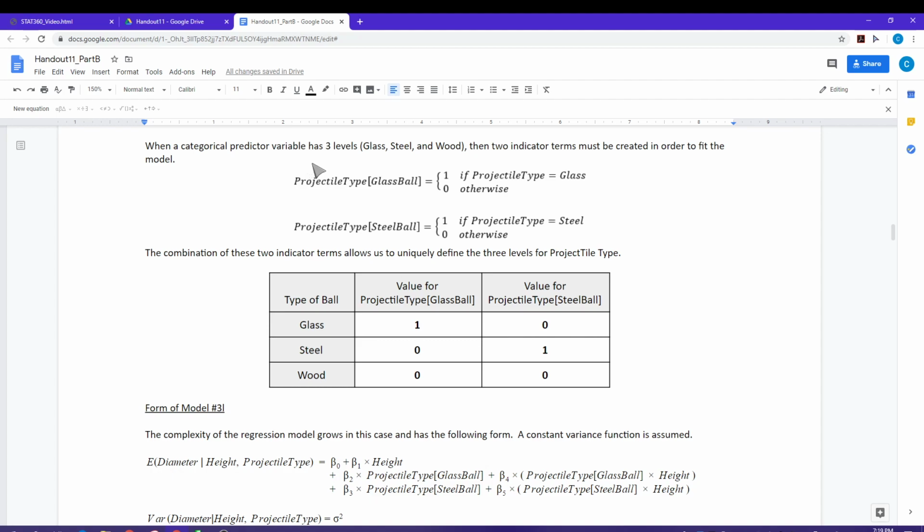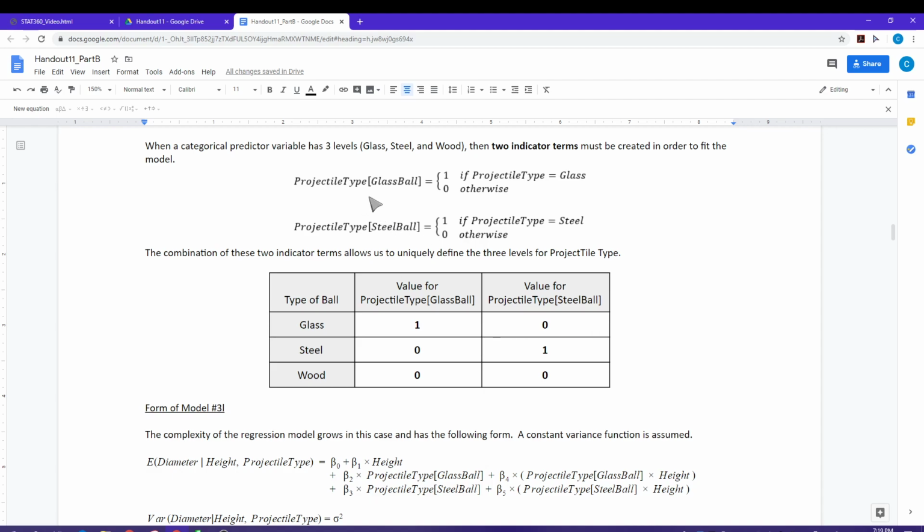When my predictor has 3 levels, I need 2 indicator terms. Projectile type glass ball is going to be a 1 and 0: 1 if it's glass and 0 otherwise. Projectile type steel ball is going to be a 1 and 0: 1 if it's steel and 0 otherwise.